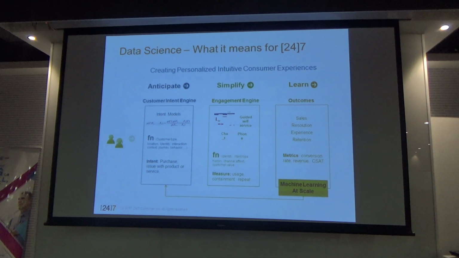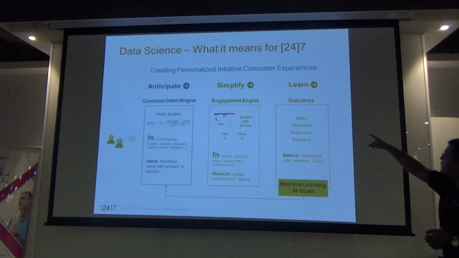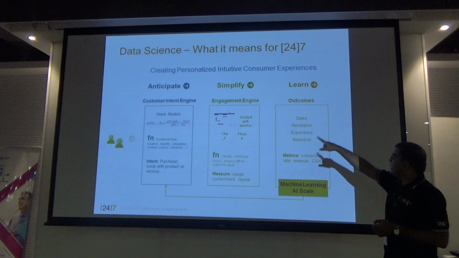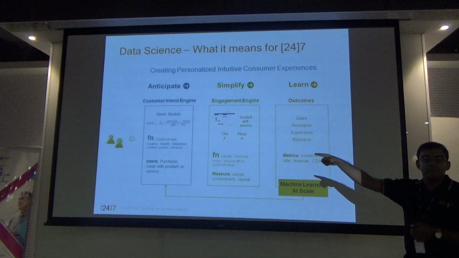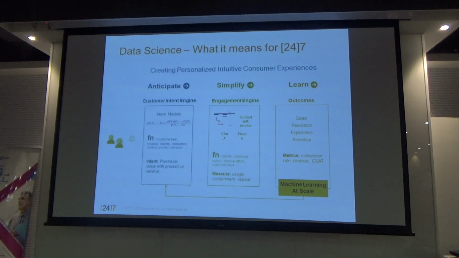A superior engagement obviously leads to the outcome that we want to drive for our customers. And this is driven by machine learning, so the data we receive is fed back to the intent engine, so that we can continue this cycle of iterative learning.